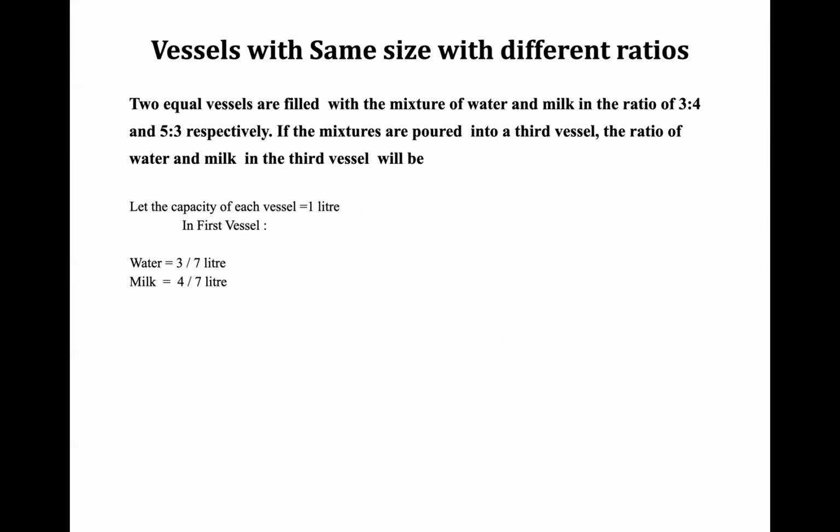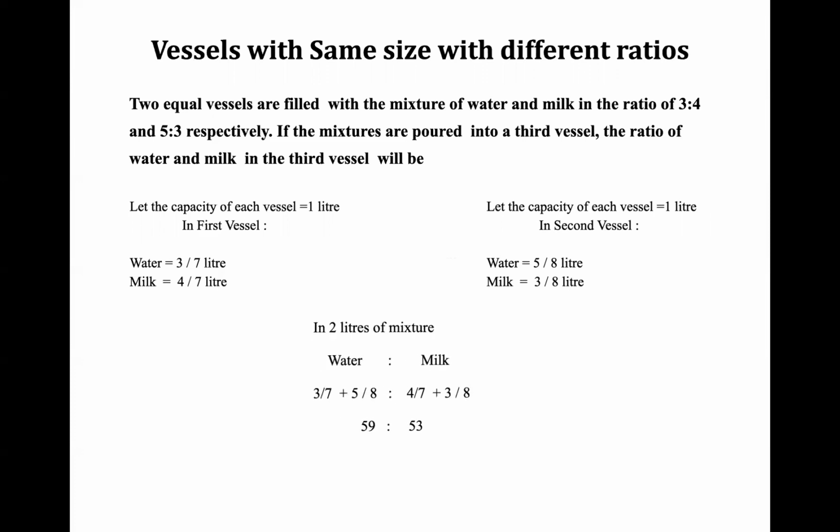Out of 7 parts, 3 parts will be water, so 3 by 7 liter, and milk is 4 by 7 of a liter. The second vessel is an equal vessel, so the same 1 liter. Water is 5 by 8 of a liter, and milk is 3 by 8 of a liter.